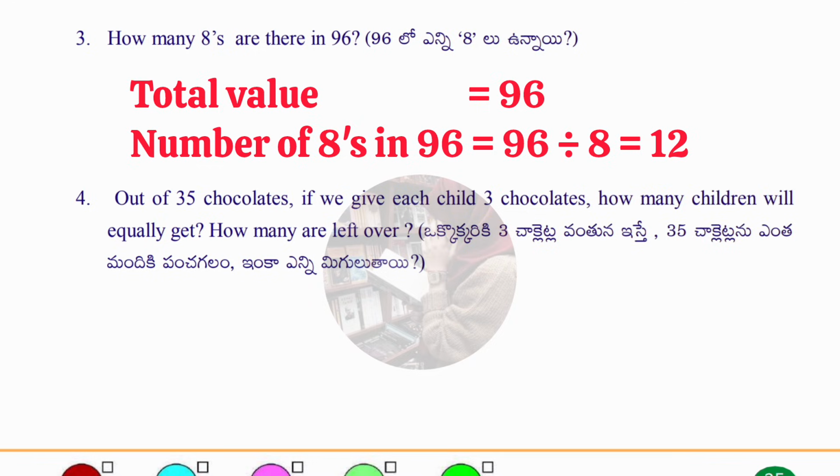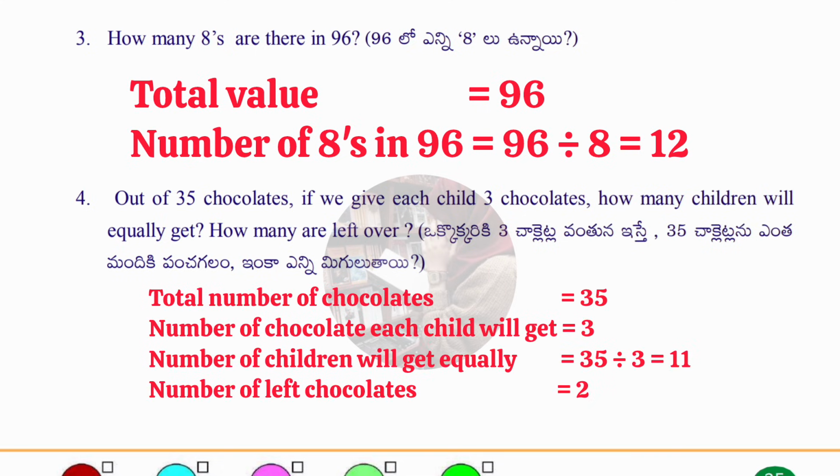Got it? Let's see the fourth question, which is, out of 35 chocolates, if we give each child 3 chocolates, how many children will get equally? How many are left over? So the answer is, total number of chocolates given is 35. Number of chocolates each child will get is 3.